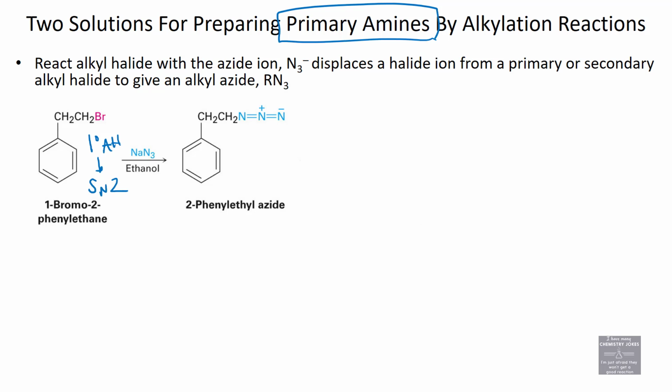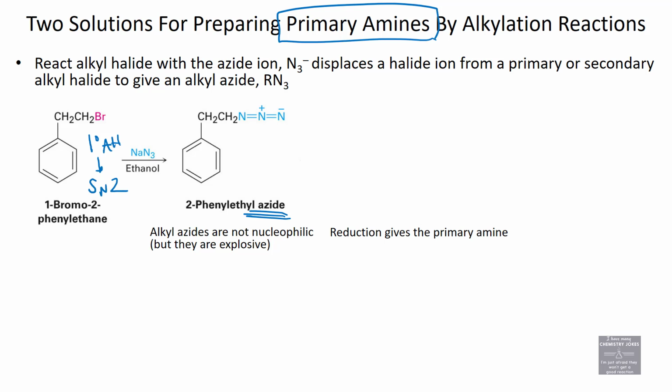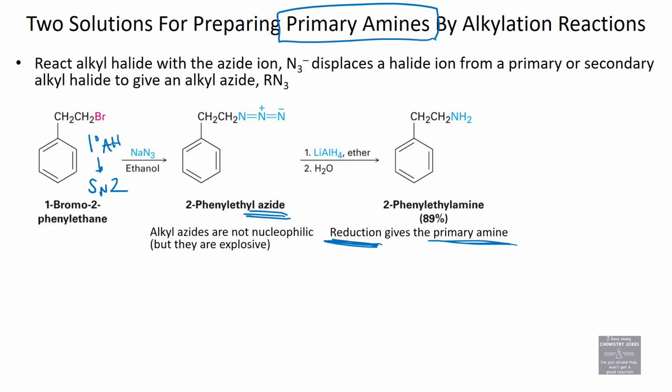This product is not going to undergo multiple substitutions because it's not an amine. It's an azide product. That azide product is not nucleophilic, not going to attack again and again and again. Look at this explosive. Once I have this azide compound, I can reduce that azide in order to get a primary amine out of it.